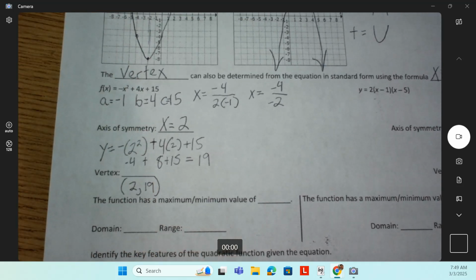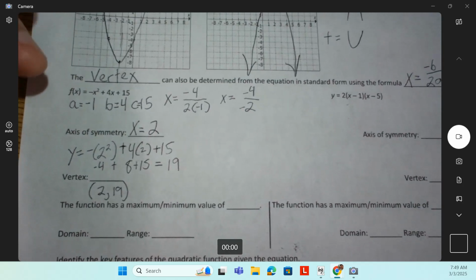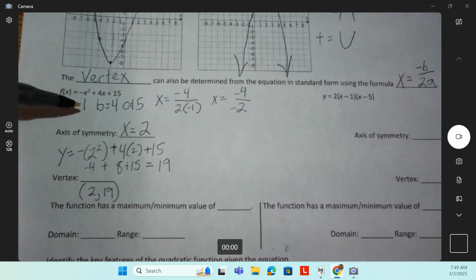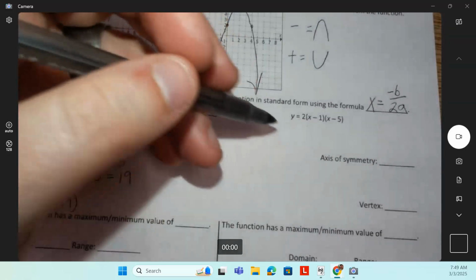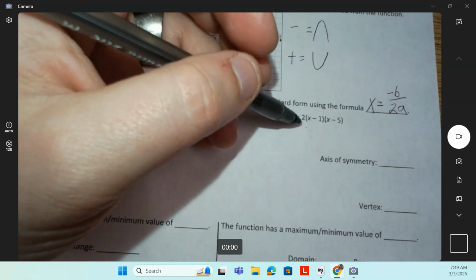And then we figured out most of our stuff there. The only thing we'd be missing is the roots. And we could use the graph, or we could factor that out to get the roots. You've got a couple of different ways that you could do that. This formula over here actually is a way to get my roots.